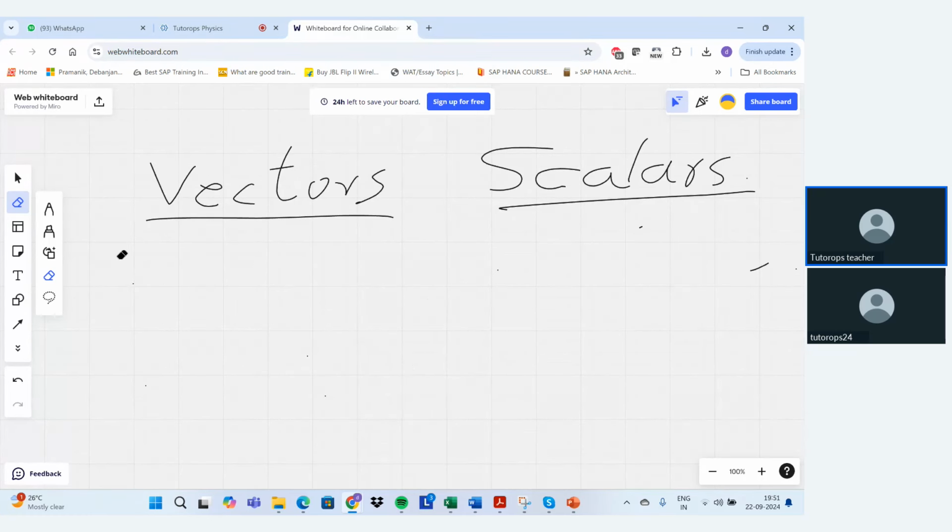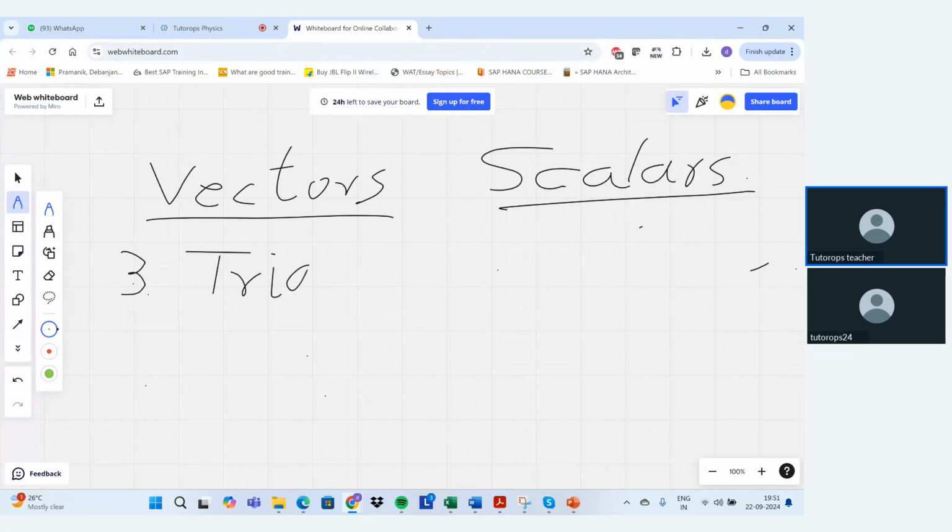Fine. So there is a third point, which specifies that there is a law called the triangle rule of addition. This is the third point, so conceptually you should mention this also.